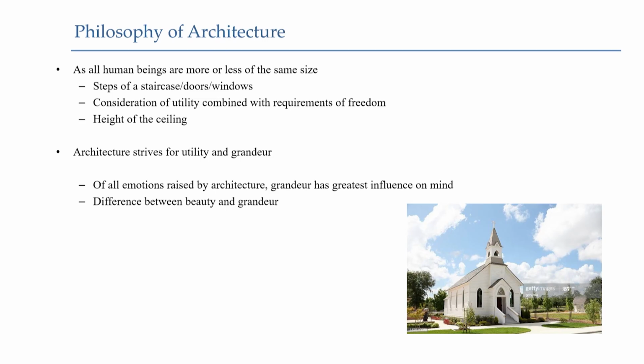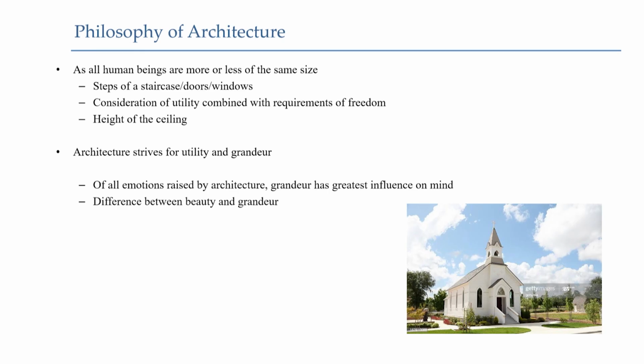So, steps of a staircase, for example. Now, if the height of steps in a staircase is say 3 feet or 2 feet, then it becomes very difficult for an ordinary human being to climb those steps. So, that is why generally the steps in a staircase are of a certain size.